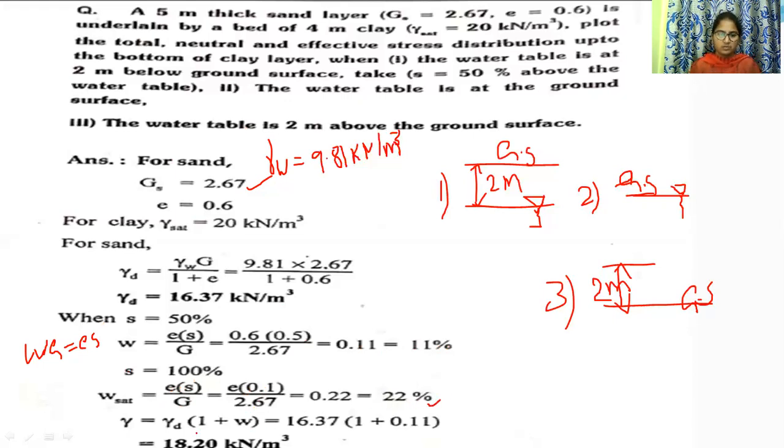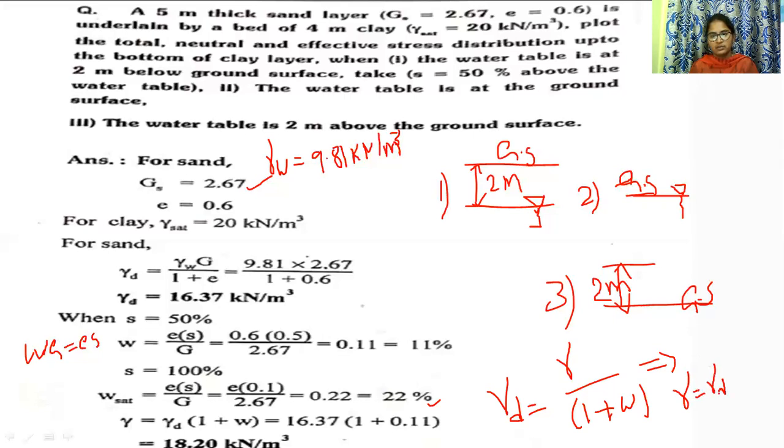Gamma D is equal to gamma by 1 plus w. Another equation for the dry unit weight: we can take two types of values depending upon the given data. So gamma D is equal to gamma by 1 plus w, that implies gamma is equal to gamma D into 1 plus w.